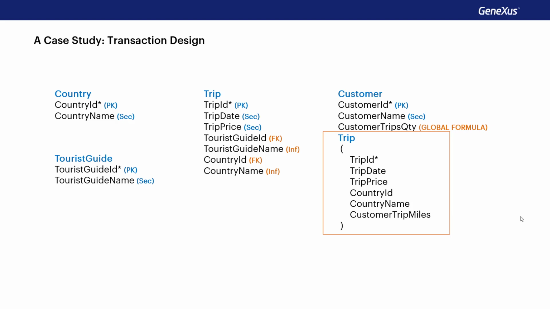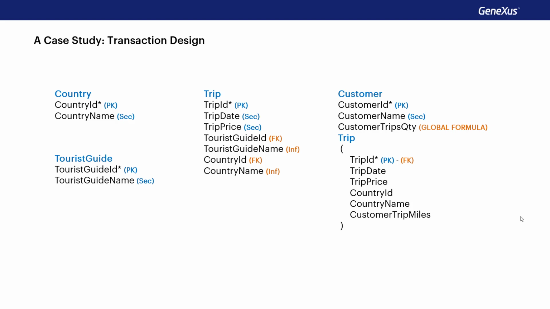Let's focus on the second level now. Trip ID is its primary key, but it's also a foreign key. And we see trip date, trip price, country ID, and country name. If we look again at the structure of the trip transaction, these attributes are present there. Therefore, all of them are obtained, inferred, from the value of their primary key, trip ID.